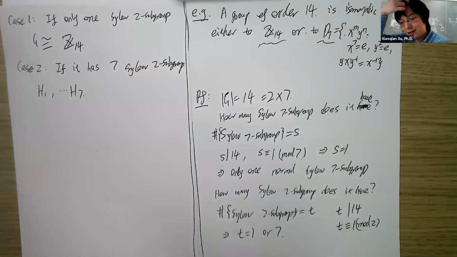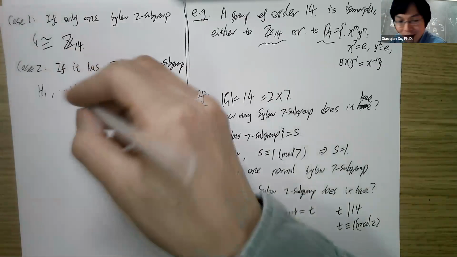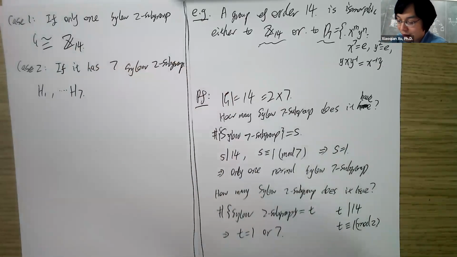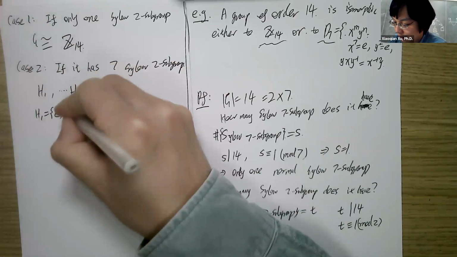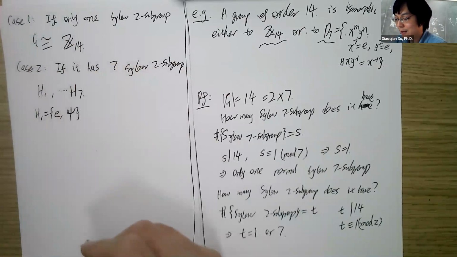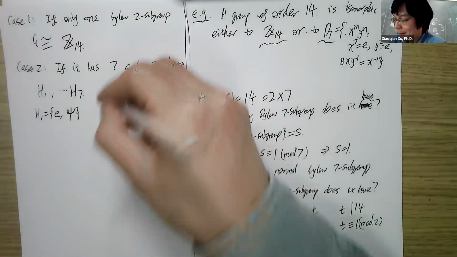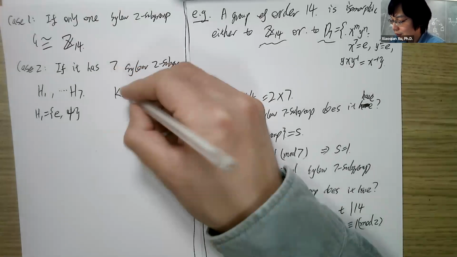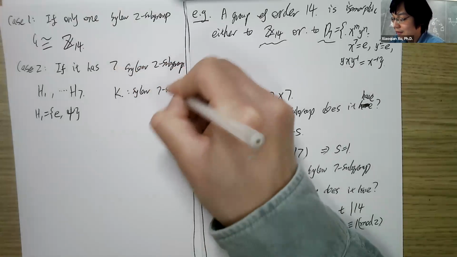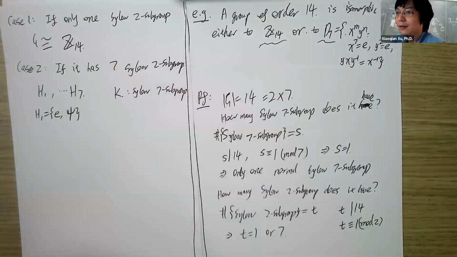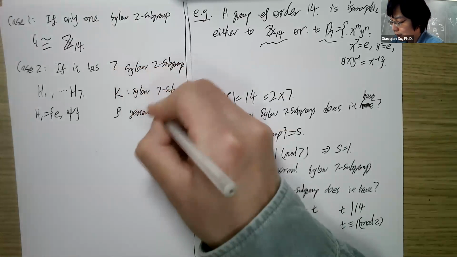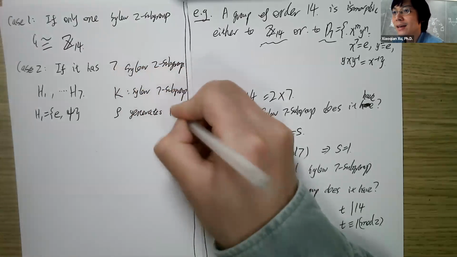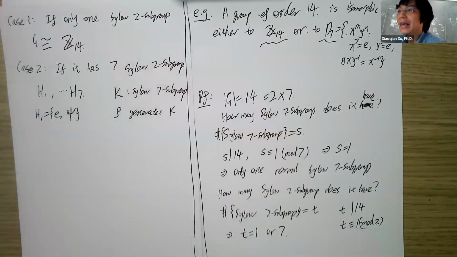Say H1 is generated by c, with c squared equal to e. And K is the Sylow 7-subgroup. Since it has order 7, it is a cyclic group. Let rho generate K, so K equals e, rho, rho squared, until rho to the 6.